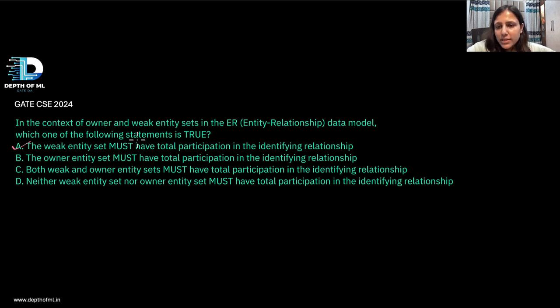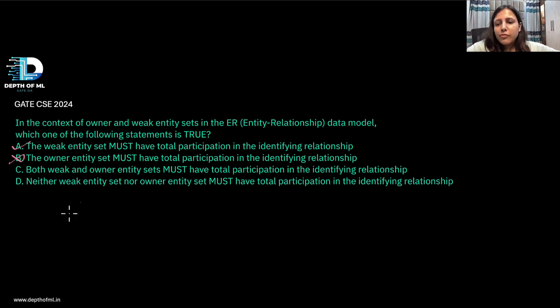Now they have asked us which of the following statements is true, but we should check the other ones also. So this is an MCQ, but let's check why the other options are incorrect. The owner entity must have total participation in the identifying relationship. So this is not correct. Owner entity need not participate completely in the identifying relationship.